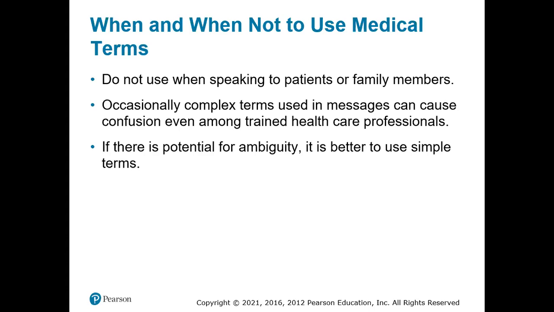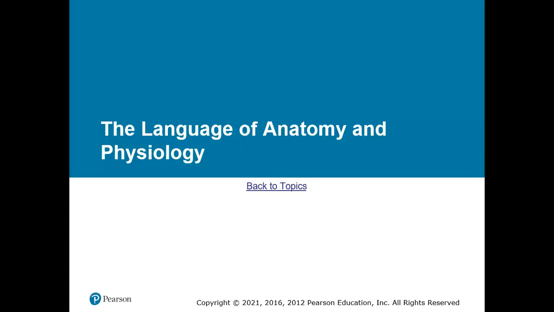So if there's a potential for any ambiguity at all, you need to use a simpler term. Okay, so when we're talking about femoral fracture, that's probably fine in medical terminology, but if you said, the thigh bone is fractured, everybody's going to understand what you mean there too.